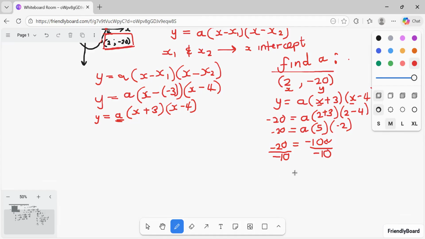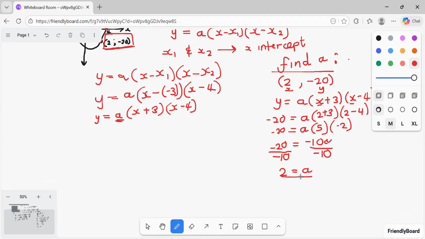So you can actually see that my a is going to be 2. So I've solved for my a. Now I have my a.